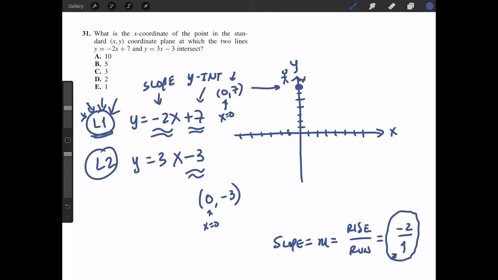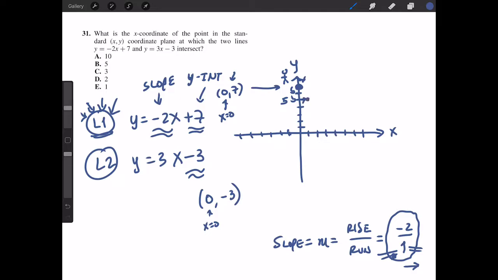Which means if I'm going to rise negative 2, it means I'm going to go down. If it was a positive value, I would go up. So down 2 means 1, 2. Now I'm at positive 5 on the y-axis. But I'm not done. I can't stop because there's a run value of 1. The run value is positive, so when the run value is positive, you move to the right.